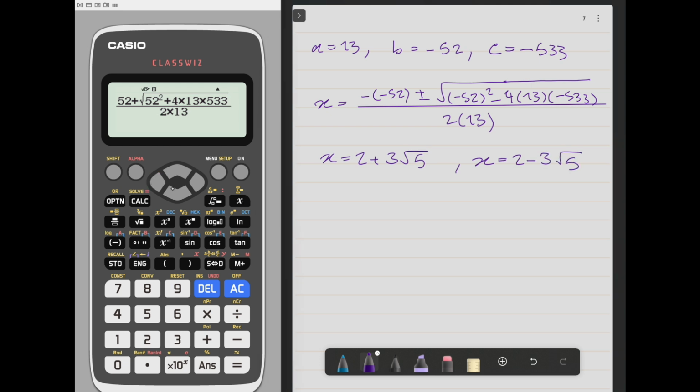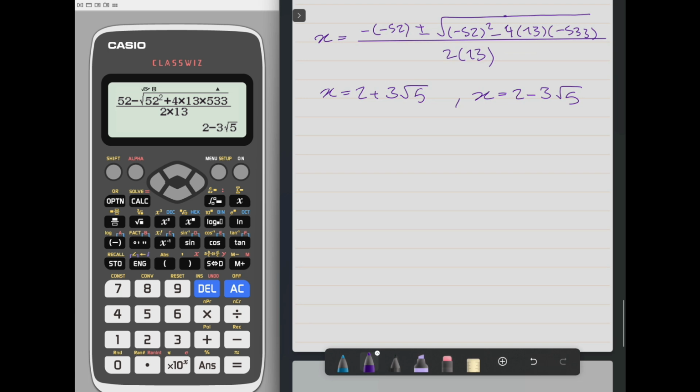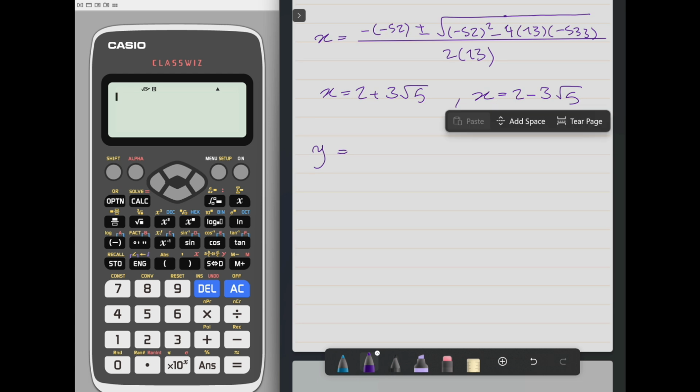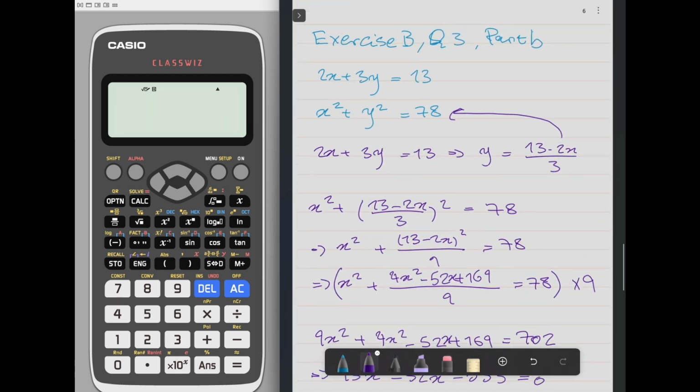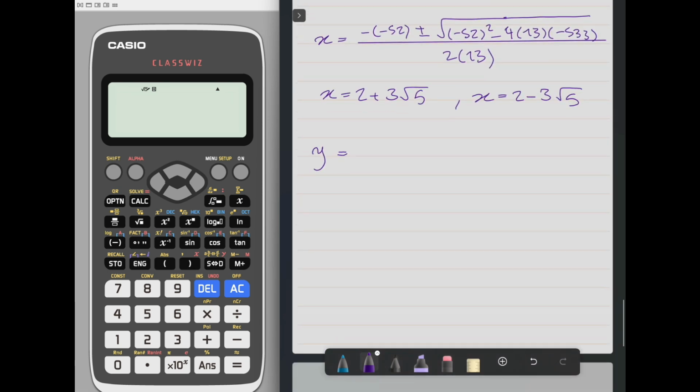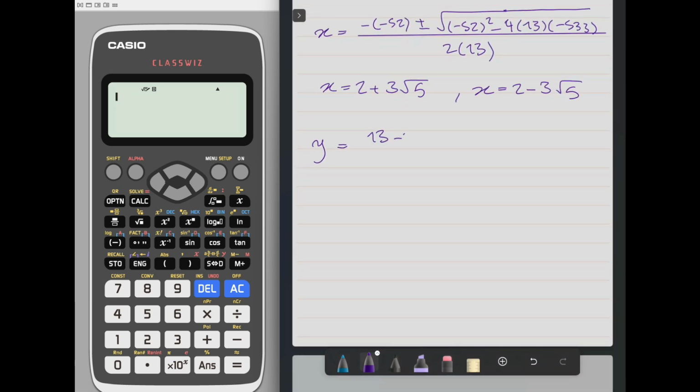Just to make sure. Yes, right. And for y, we know that y is going to be equal to 13 minus 2x over 3.